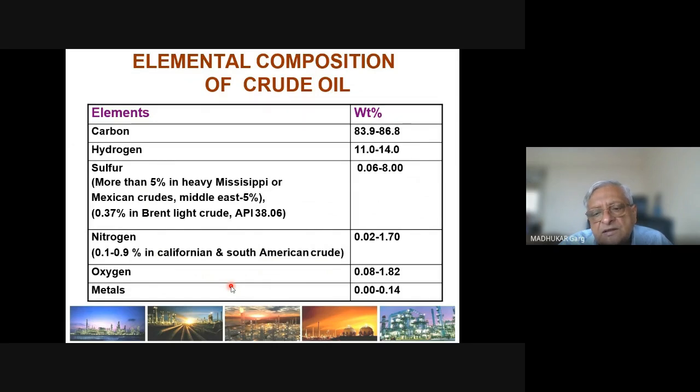If you look at it from an elemental level, roughly the carbon percentage in crude oil varies between about 84 to 86%, hydrogen between 11 to 14%. So these two put together constitute crude oil. In addition to that, you have sulfur.